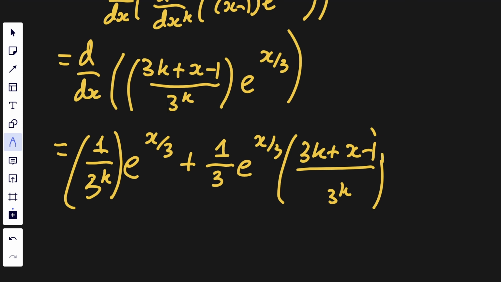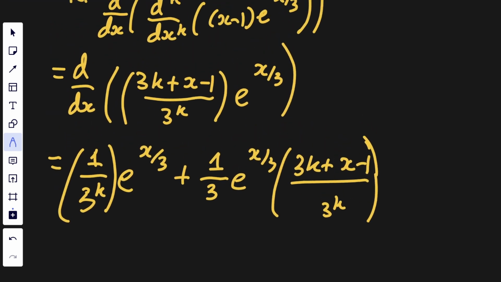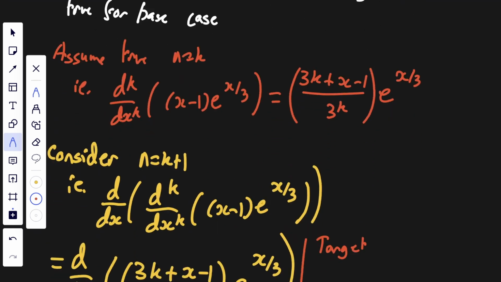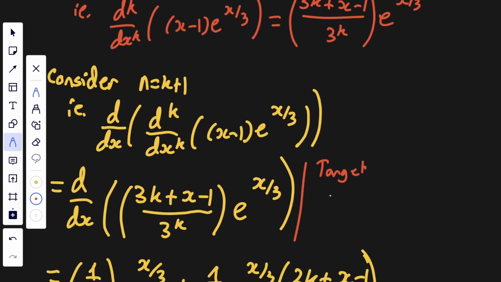Okay, now at this point, it'll be helpful for us to write down our target so we know what we're looking for. So our target, well, we're putting k plus 1 into this original expression. So the target is (3 times (k plus 1) plus x minus 1) over 3 to the k plus 1, times e^(x/3).